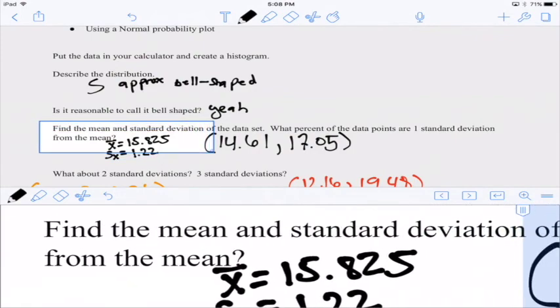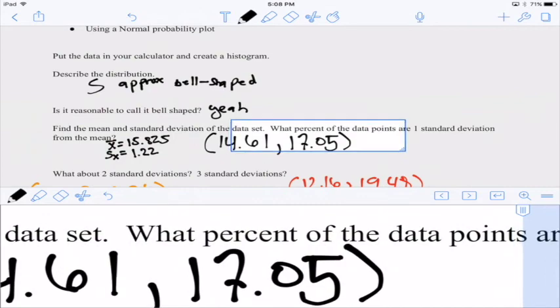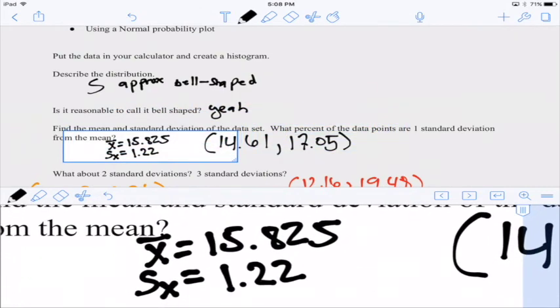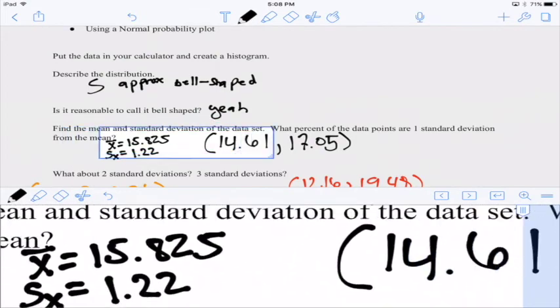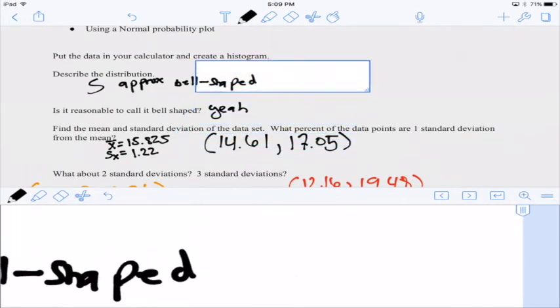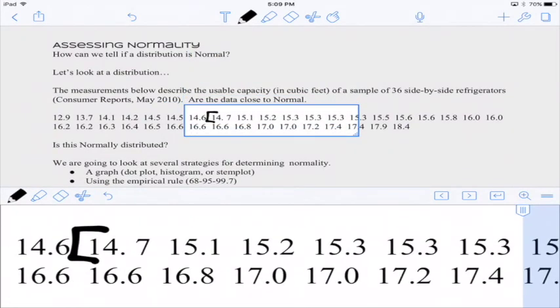So what I did is I added 1.22 to the mean to get this side, and I subtracted it, remember, one standard deviation above and below the mean. So here's my interval. So I'm looking to see which numbers fall in this interval. So 14.61, so it's a little bigger than this one, and 17.05, so these fall in it.